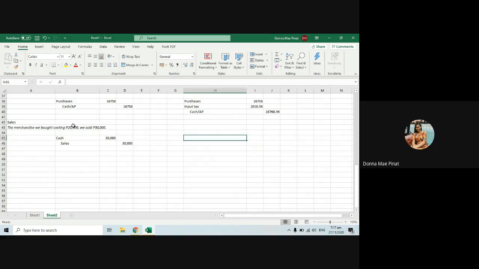Okay, so for VAT, cash, sales. Dili na siya 30,000; sales is 30,000, pero naa tay output tax. That's kana multiplied by 0.12, exclusive of VAT ni siya ha.